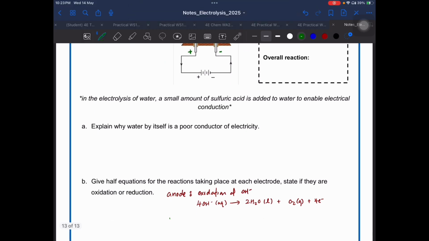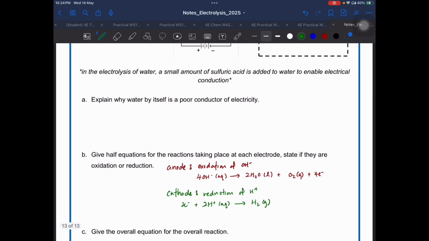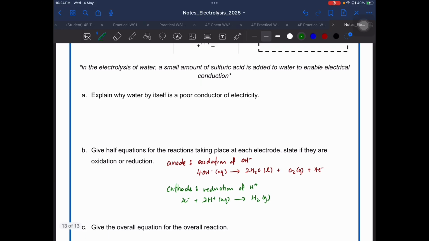At the cathode, this is where reduction of your H plus will happen, and therefore we have 2H plus in aqueous form forming H2 gas, and in the process they gain 2 electrons. So this is how the reaction takes place at the 2 different electrodes.